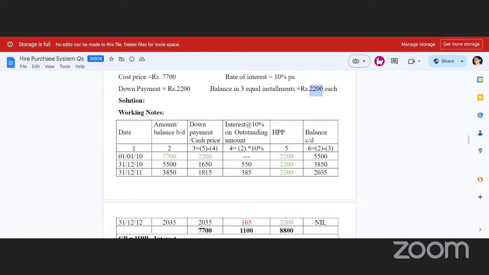How much? 6,600. Right? So this is your hire purchase price. Your balance is 5,500 only, but he is paying 2,200 each installment, so 3 installments means 6,600. Means 1,100 extra he is paying. That is the hire purchase price, which is included with interest.